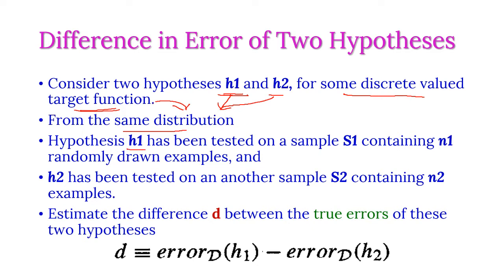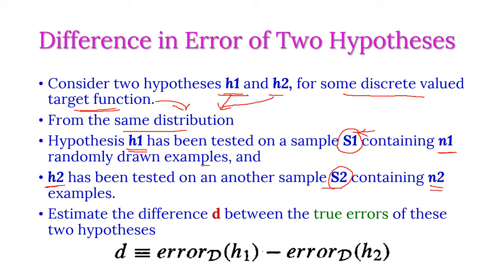Here the hypothesis H1 has been tested by using the sample S1 which contains N1 randomly drawn examples, that is from the population N number of examples are taken for this S1. Like the same for H2, that is hypothesis 2, we have tested on another sample, that is S2, and the sample size is N2.